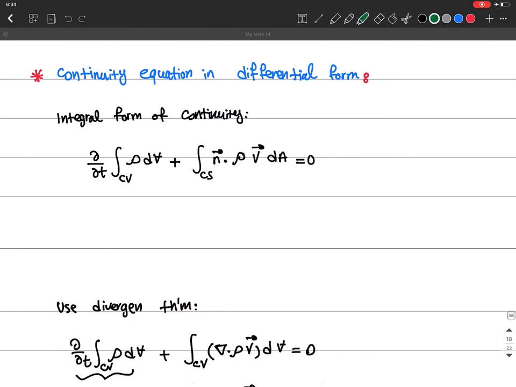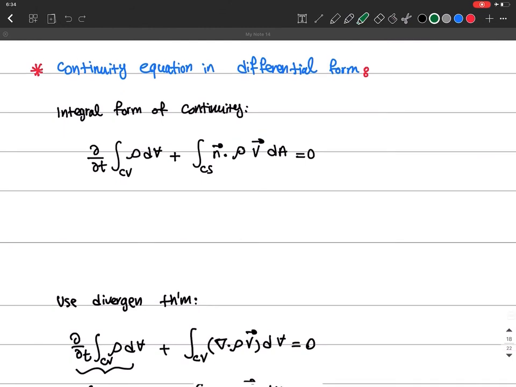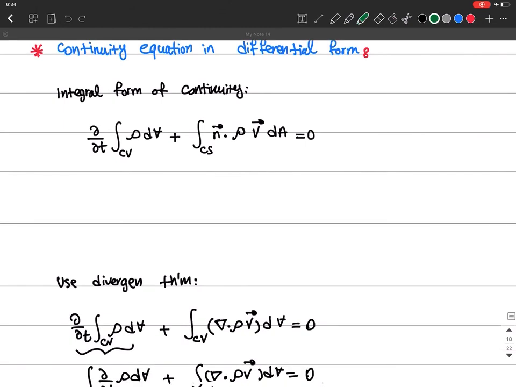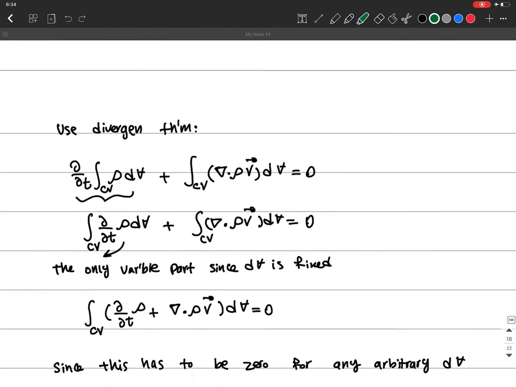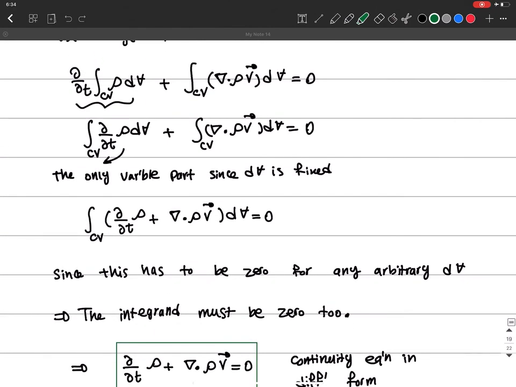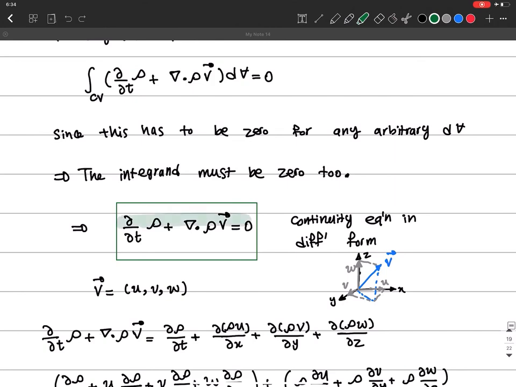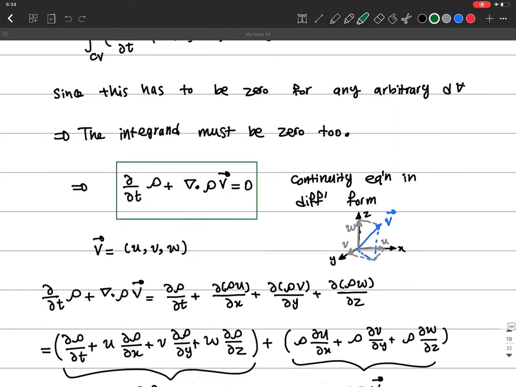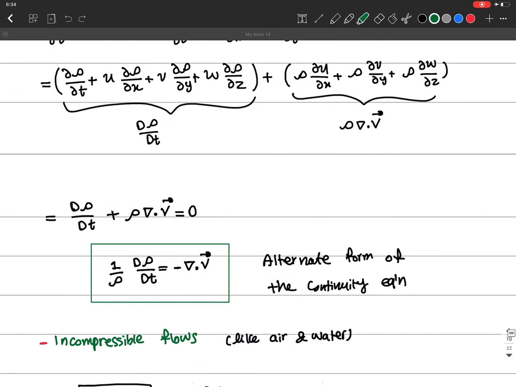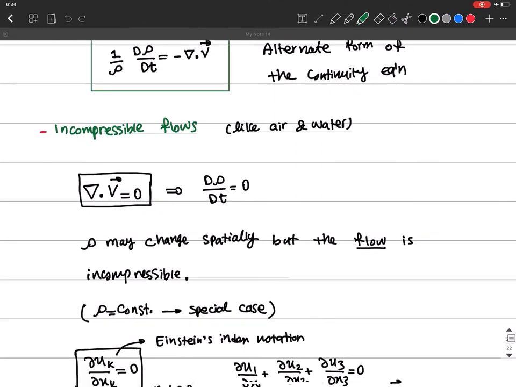And then we used that to derive the continuity equation in differential form by converting the integral form of continuity into its differential form. So we get this, and then because this is valid in any control volume, we finally got this form of the continuity equation. We also rearranged the terms, and this was another form of the continuity equation that we got.